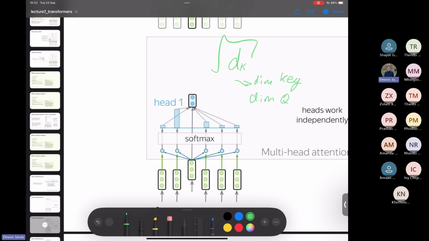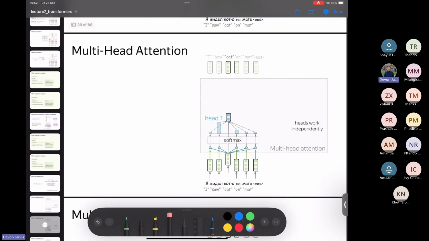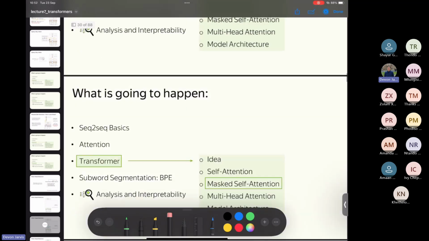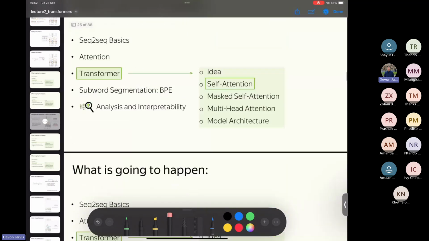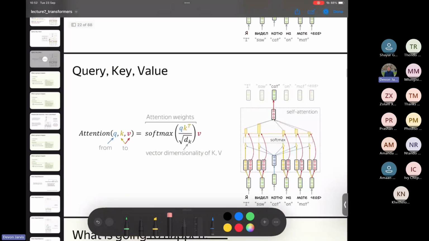What we can do, though, is have a different dimension for our value vector, because that is just a scaling, right? That is just taking in these linear scales and then being added together at the top there, right?